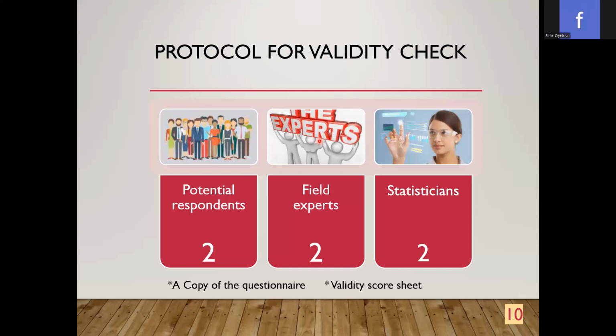A panel is usually set for content validity, and this panel is usually a 6-man panel. You have the potential respondents, you have your field experts, and you have the statisticians. 2 potential respondents, 2 field experts, and 2 statisticians.